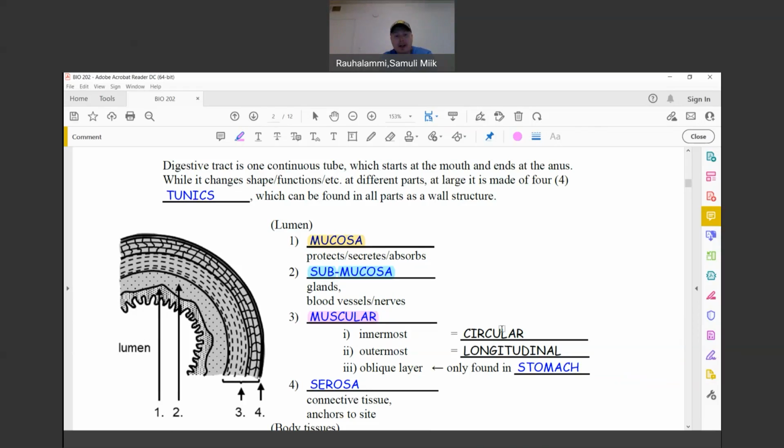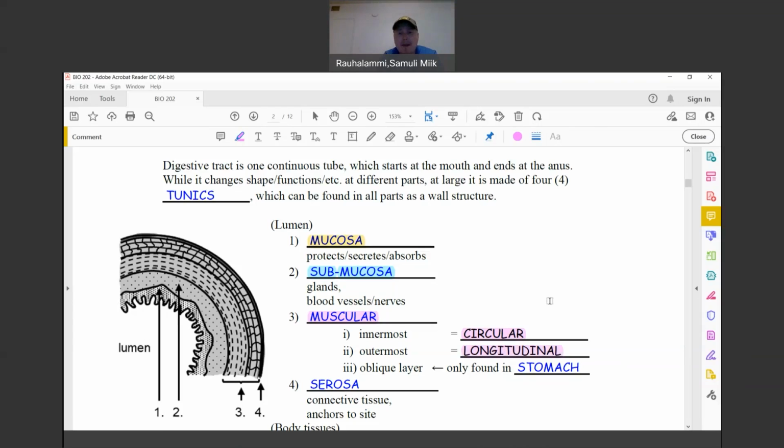The innermost layer is a circular layer, which controls the diameter of the tube and plays a role in segmentation and peristalsis. The layer a little further out is the longitudinal muscular layer, with muscle fibers running in the opposite direction from the innermost layer, controlling the length of the vessel and so on.